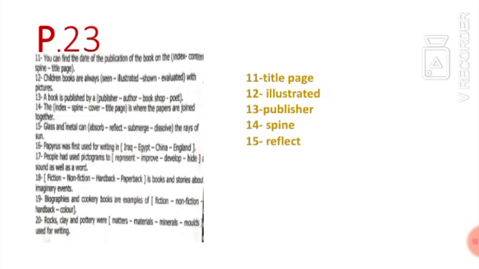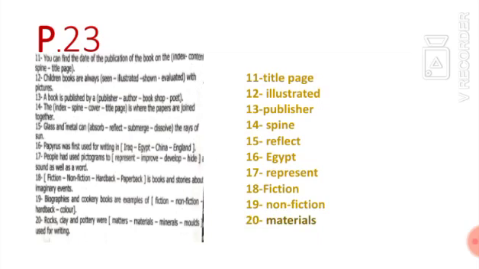Papyrus was first used for writing in Egypt. Number 17. People used pictograms to represent a sound as well as a word. Number 18. Fiction is books and stories about imaginary events. Number 19. Biographies and cookery books are examples of non-fiction. The last one: rocks, clay, and pottery were materials used for writing.